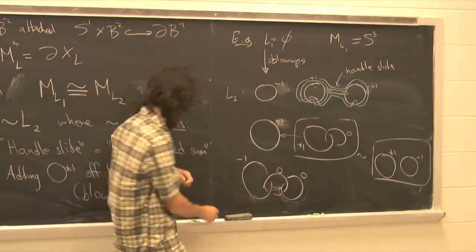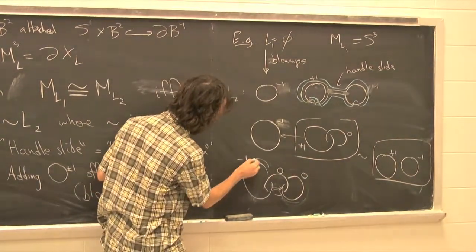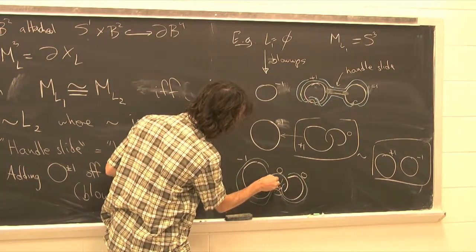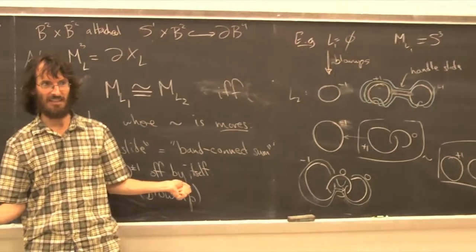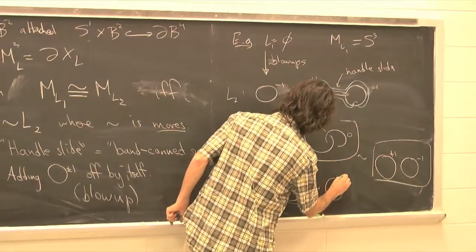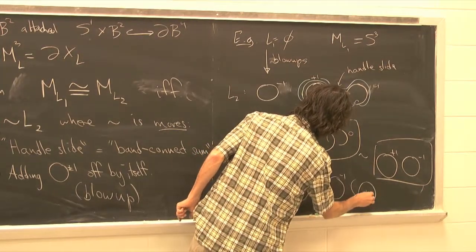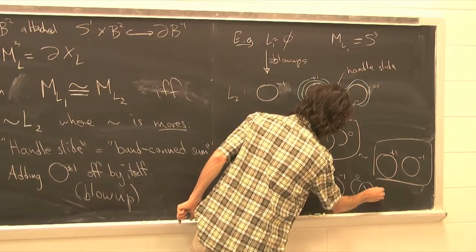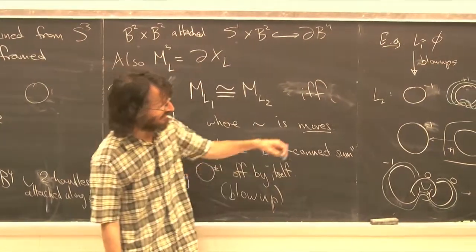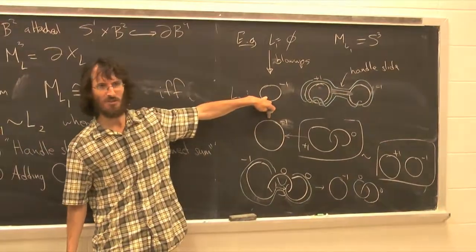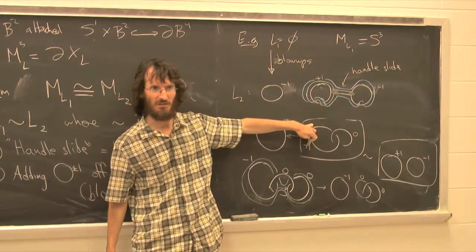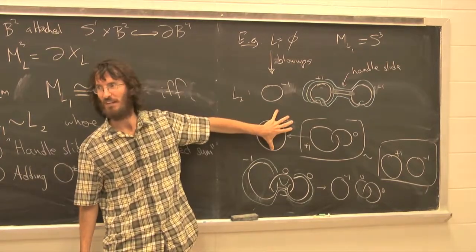You can see that here, so I'm going to slide it over and come up and around back, and then here. And then come unlinked again, but its framing doesn't change. So finally you'll get -1 and 0, 0. What this means is that in the presence of this sort of loose -1 here, I'm able to change this +1 into a 0. But without that loose -1 there, I'm not able to do that.